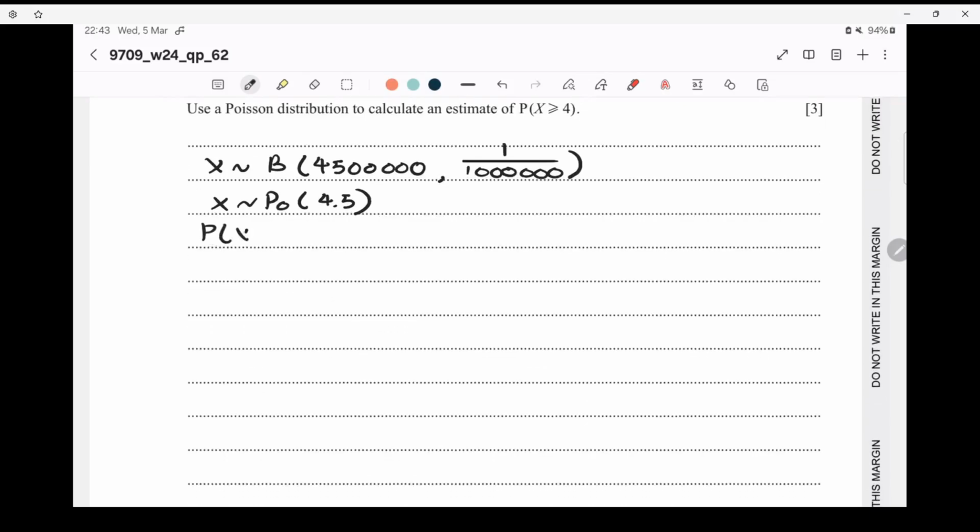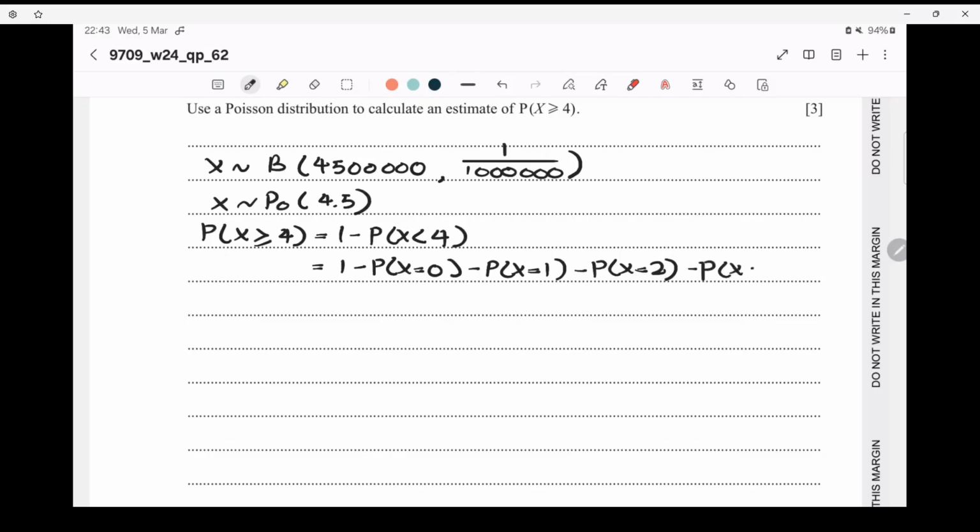So what you need to calculate is P(X ≥ 4). This is 1 minus P(X < 4). So you have 1 minus P(X = 0), X = 1, X = 2, X = 3.